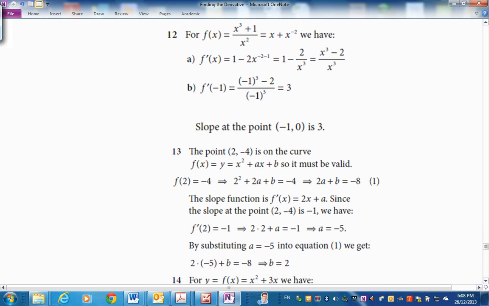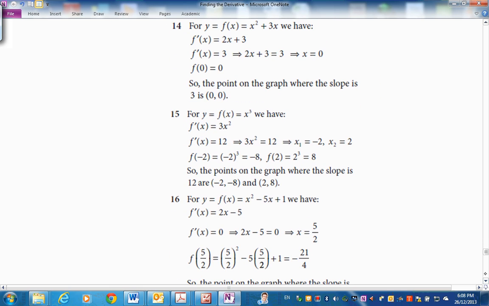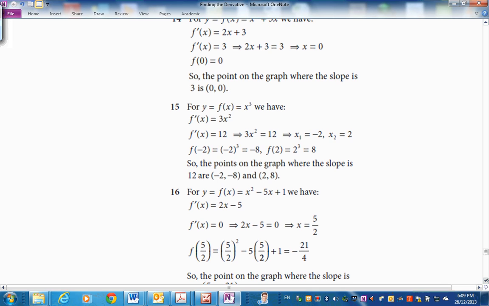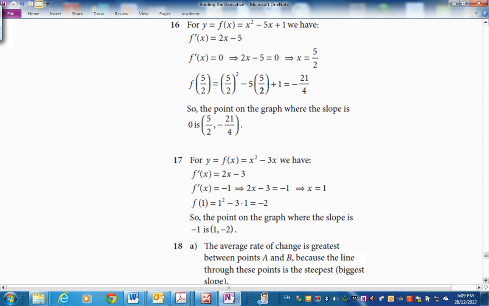Twelve and 13. 14 and 15. We've got 16 now. 16 and 17. Let's look at that graph one. 18.